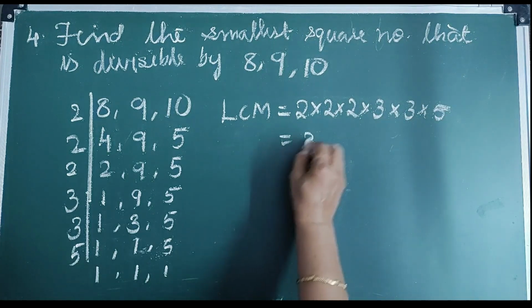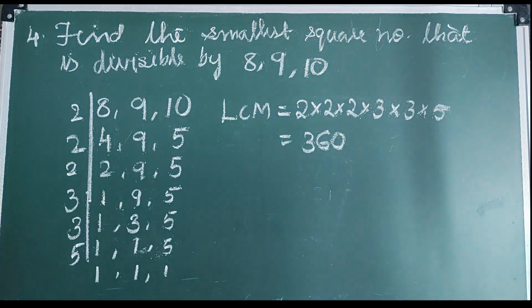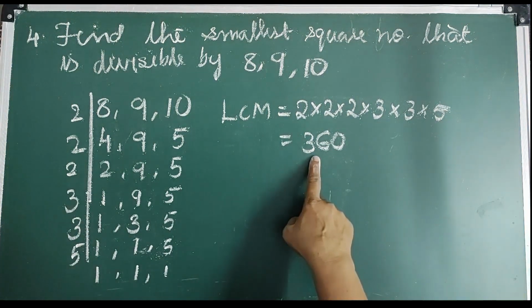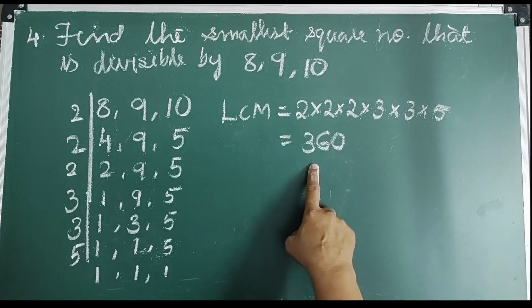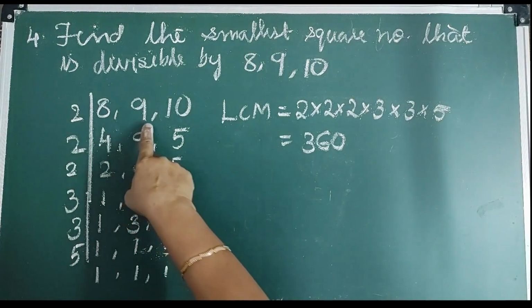That's equal to 360. But we know 360 is the smallest number that is divisible by 8, 9, 10.